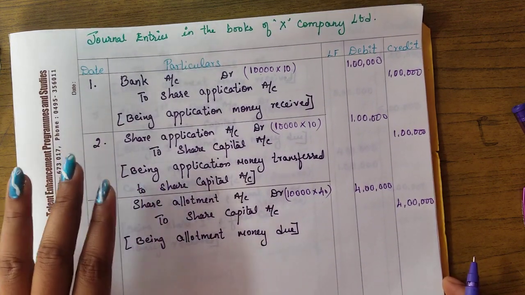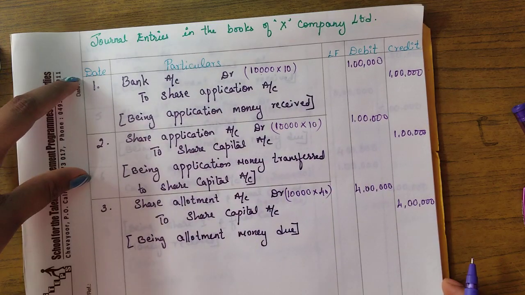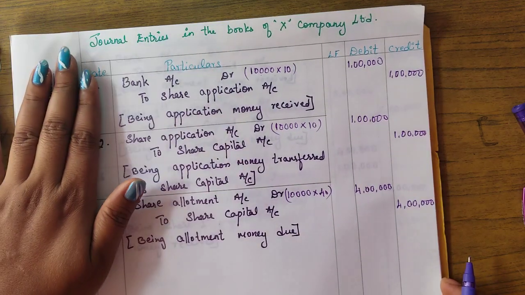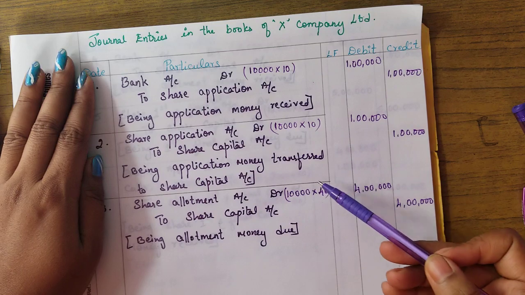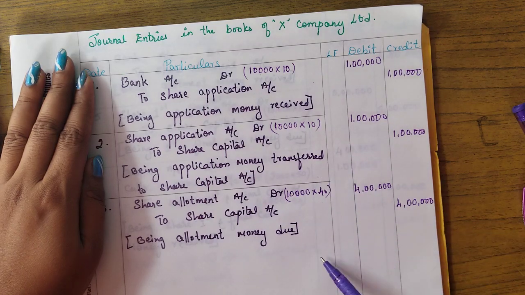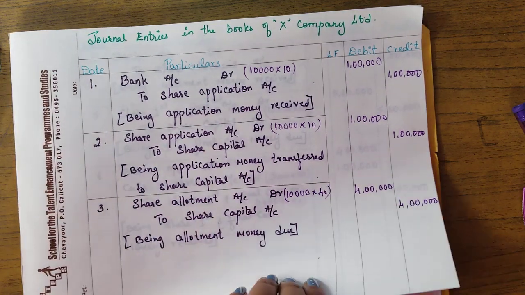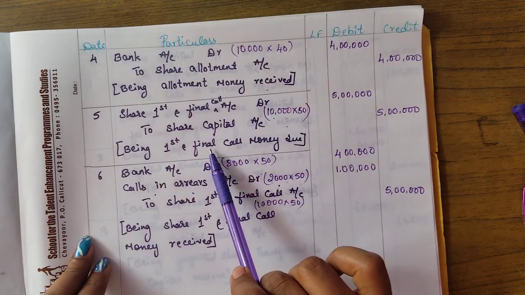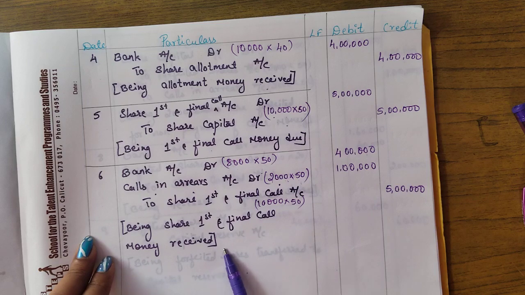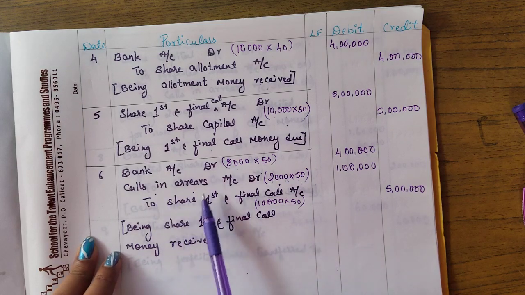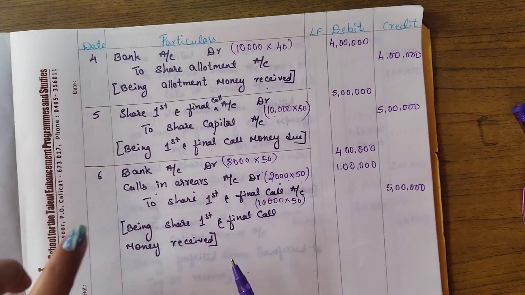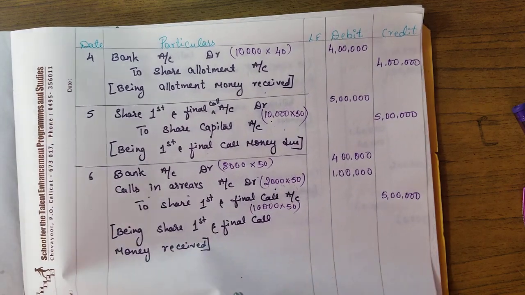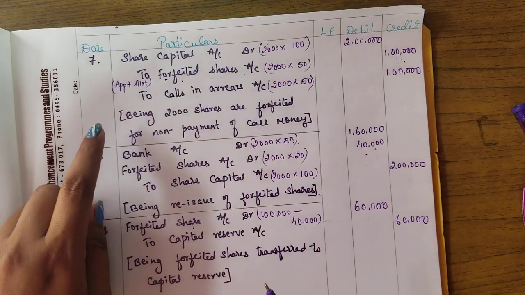Okay, so this comes under the application money received, application money transferred, then allotment due, after that allotment money received, then call money due, call money received. In this, calls in arrears will be created. From here you should keep a note how the entries will be changing.